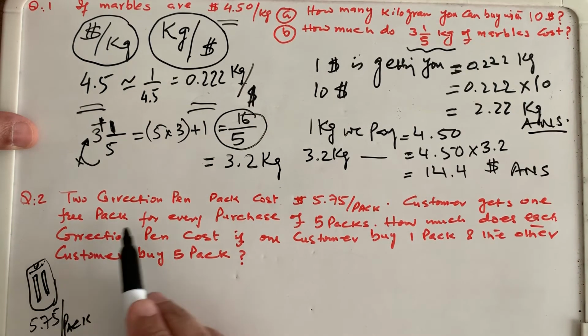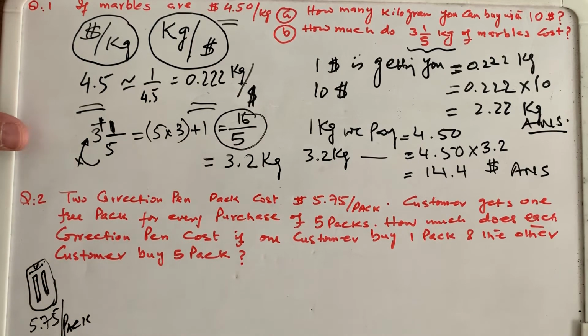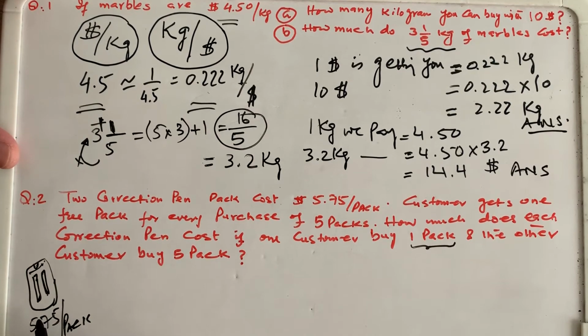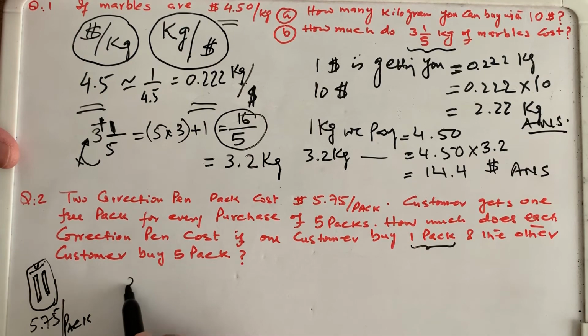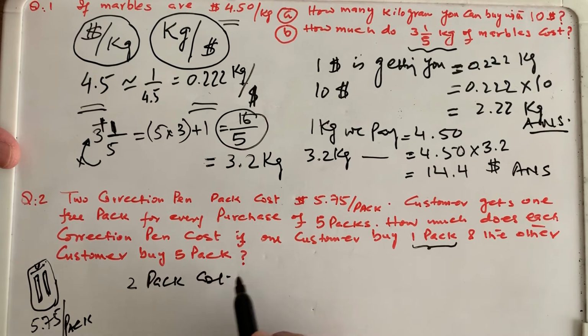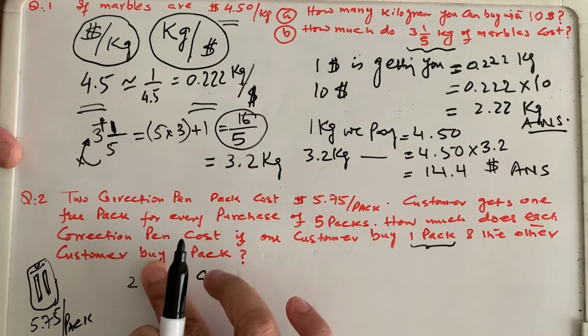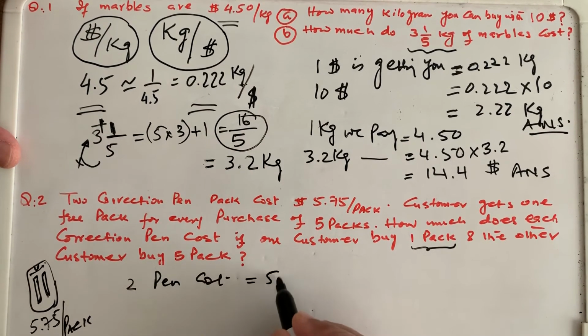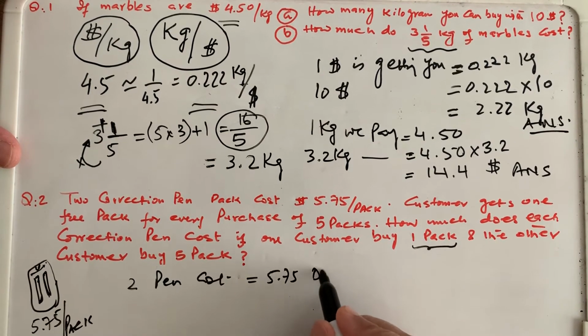Customer gets 1 free pack for every purchase of 5 packs. How much does each correction pen cost if one customer buys 1 pack and the other customer buys 5 packs? So if he buys 1 pack, he is getting 2 correction pens. What is the cost of 1 correction pen in this case, right? So the customer pays for 2 correction pens. 1 pack means 2 correction pens. 2 pens cost $5.75, right?